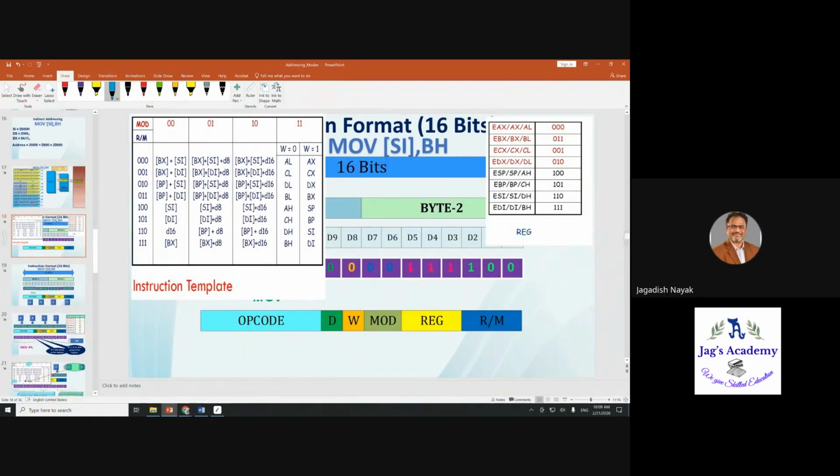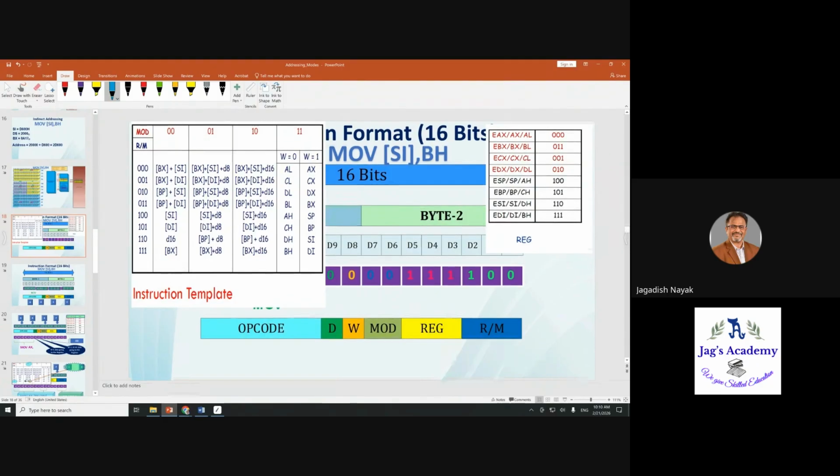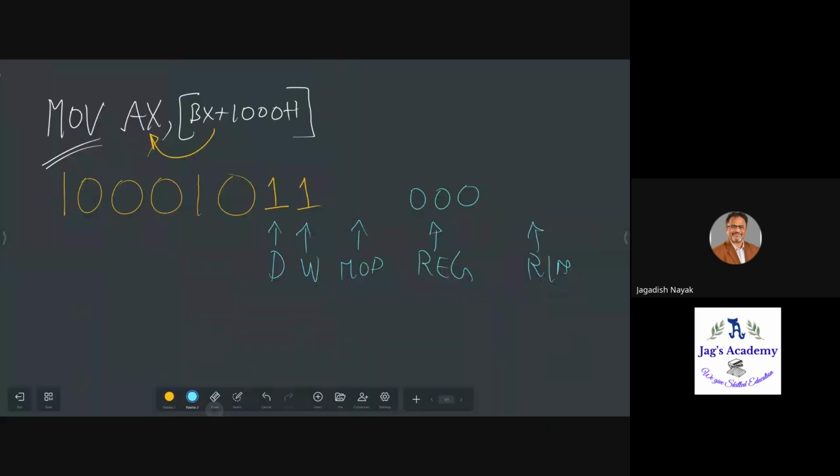BX plus D16. Sir, we refer to the table, it will be BX plus D16, right? Exactly. So where is BX plus D16 here? Yes, see here. So what is the corresponding mod bit? 10. What is the corresponding R/M? 111. Okay, so I'll go back to my screen.